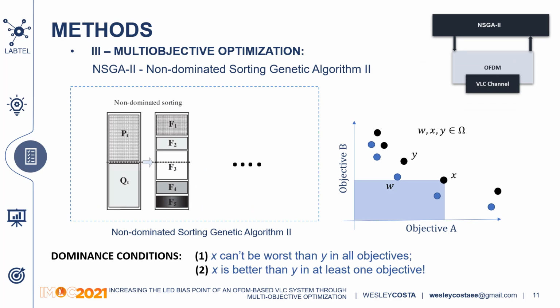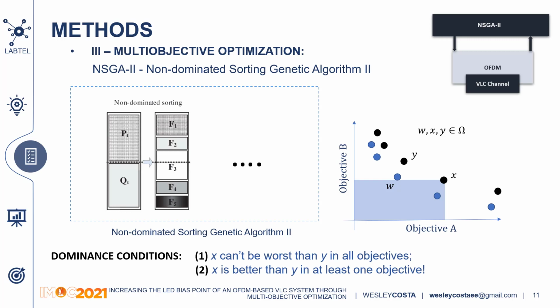For that, we need a multi-objective optimization algorithm. In this case, we consider a robust algorithm called NSGA-II, the non-dominated sorting genetic algorithm. In this algorithm, the solutions are categorized by dominance conditions and form groups of fronts called Pareto fronts.